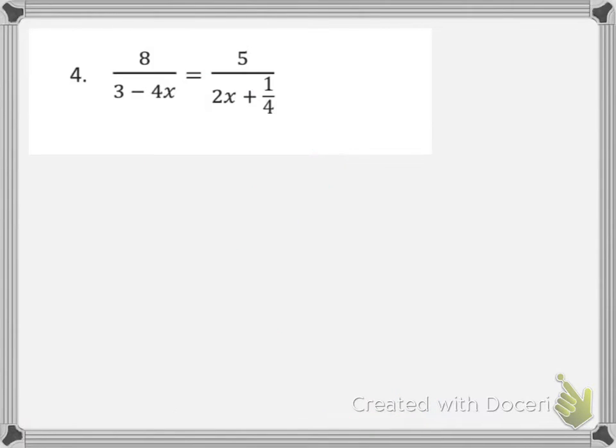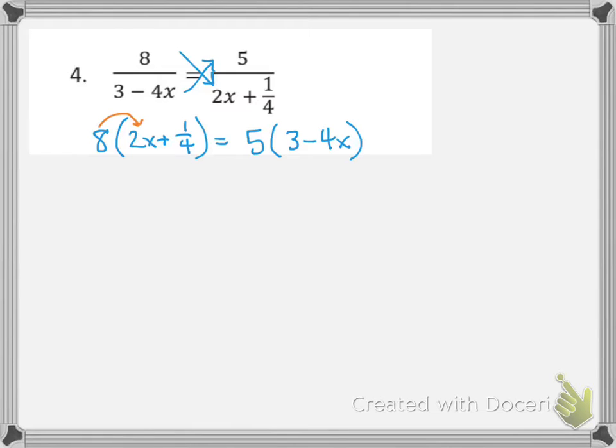Okay, let's do one more. Same idea here. 8 times the quantity 2x plus 1/4 is equal to 5 times the quantity 3 minus 4x. Okay, so we're going to use the distributive property. 8 times 2x is 16x. 8 times 1/4 is 8/4. 8 divided by 4 is 2, so that's a plus 2, is equal to 5 times 3, that's 15. And then 5 times a negative 4 would be a negative 20x.